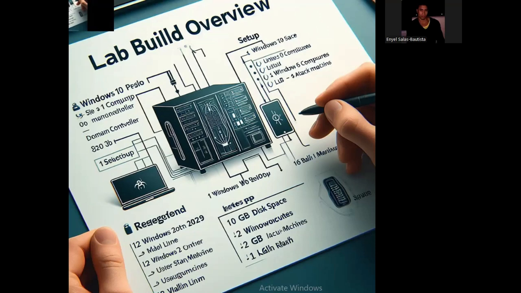The recommended specs for this lab are 80 gigabytes of disk space, 20 gigabytes for each machine, 16 gigabytes of RAM, and 2 gigs of RAM for each base OS.